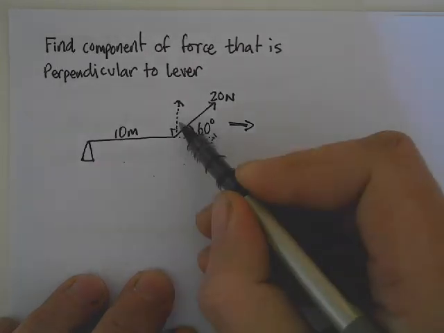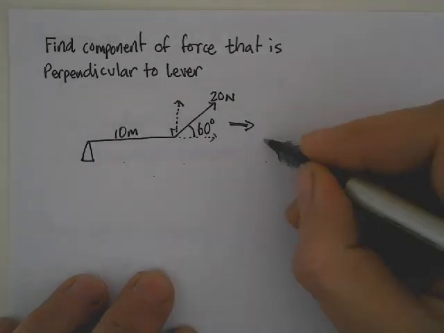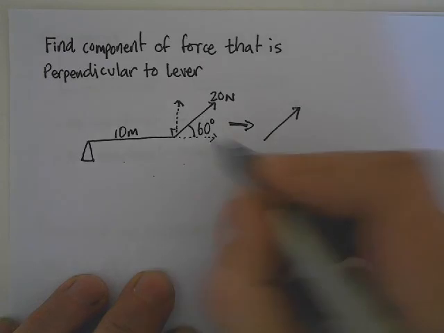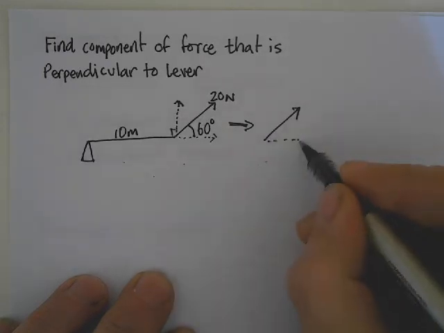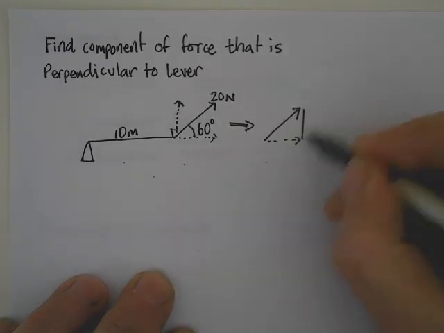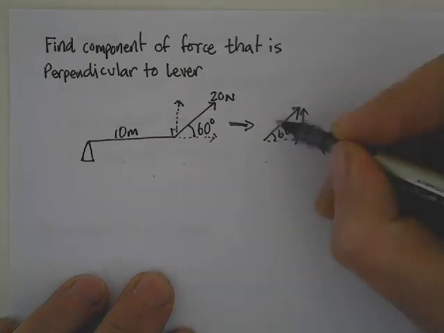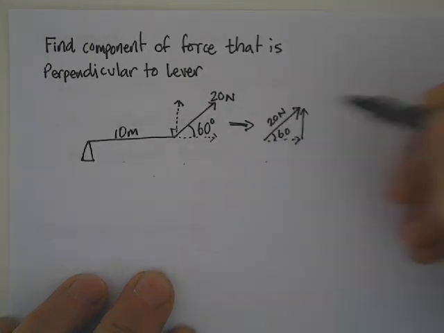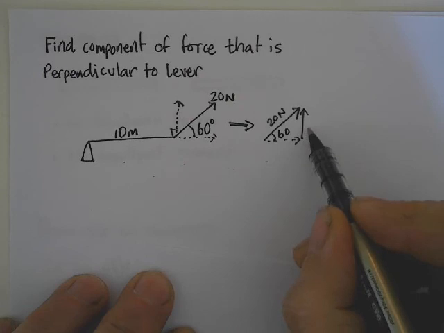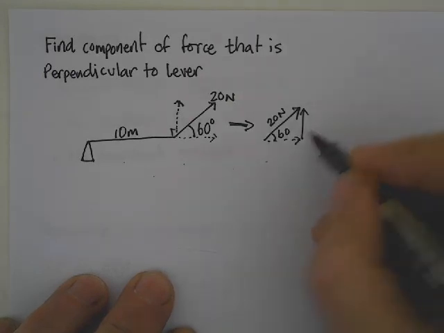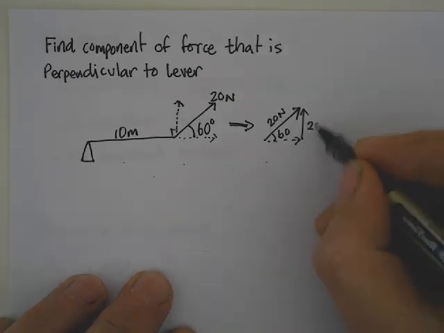But if I take that triangle there, or consider it as a triangle, the vertical component, I'll redraw this as a triangle just for completeness. If that's 60 degrees and that's 20 newtons, this will be sine.